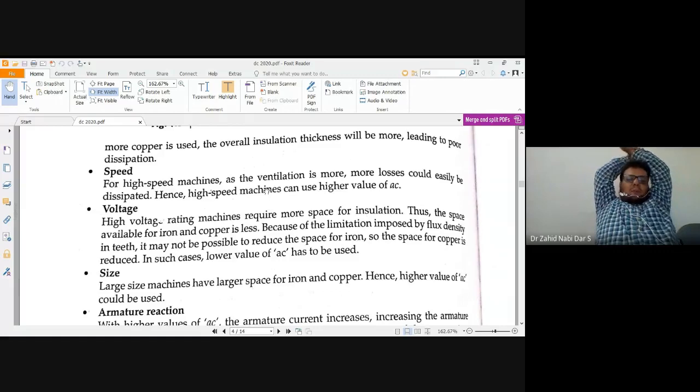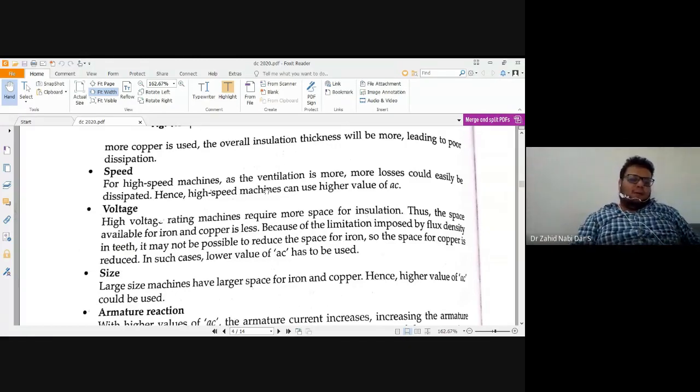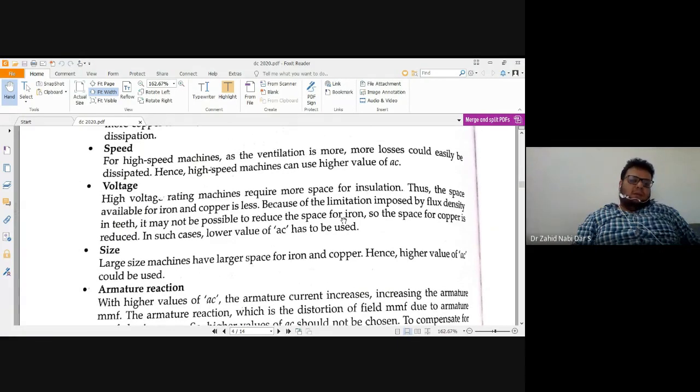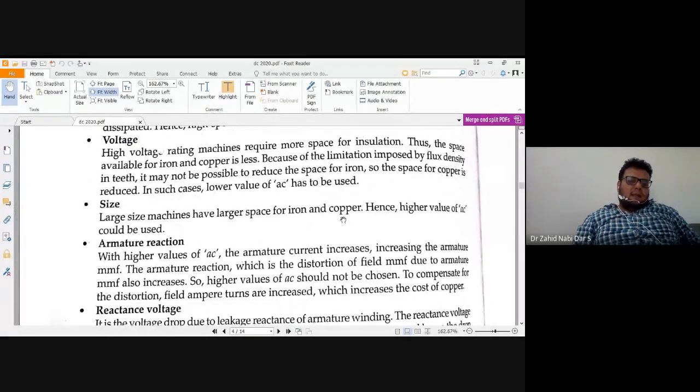So the space for copper is reduced, not for iron. Iron means core, copper means the winding. In such cases, a lower value of ampere conductors needs to be used for higher voltage. Now again for the size, the area of cross section will decrease. Ampere turns for large size machines have larger space for iron and copper, hence a higher value of ampere conductor could be used. Now armature reaction.